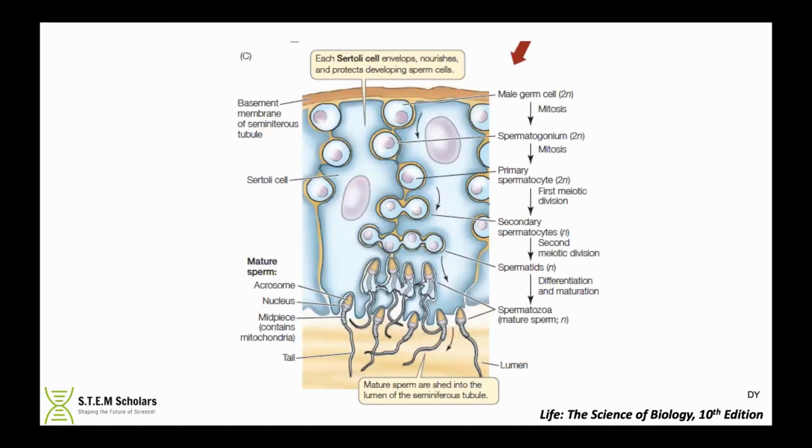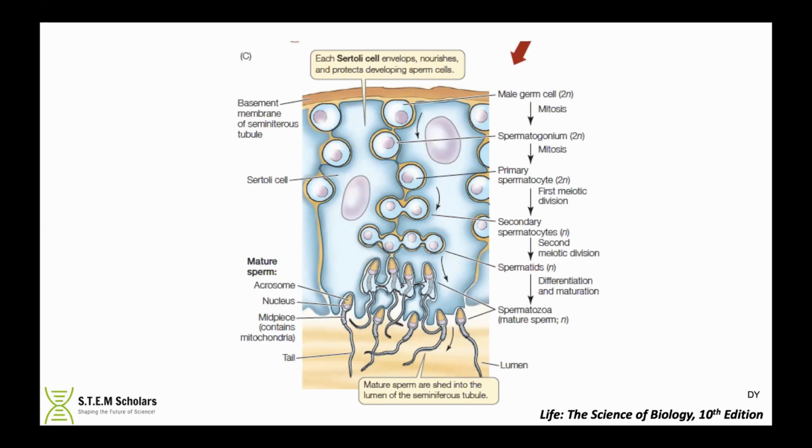So what aids in this maturation process of sperm? Well, what I want you to get from this picture is that there are going to be these cells present that are going to aid and nourish the maturing sperm cells.